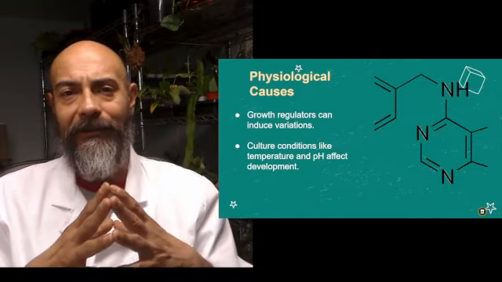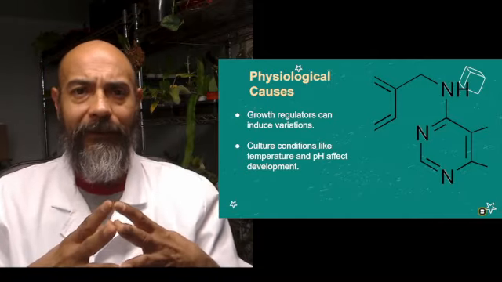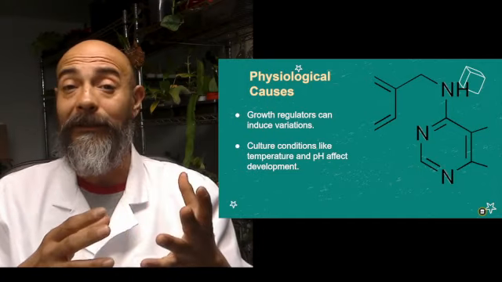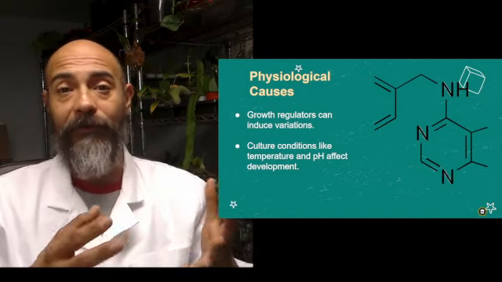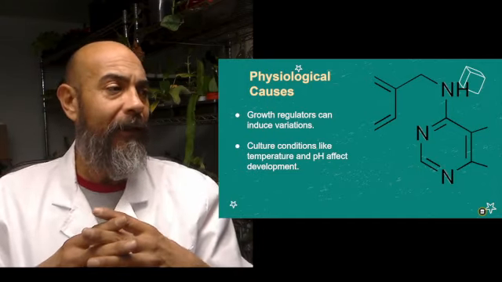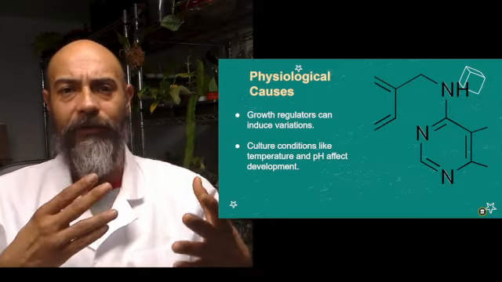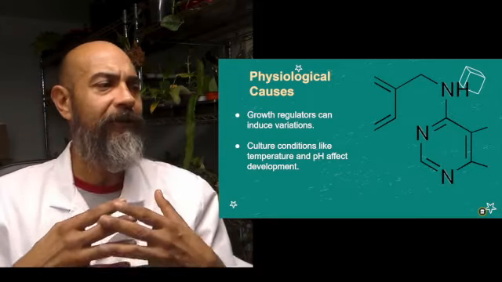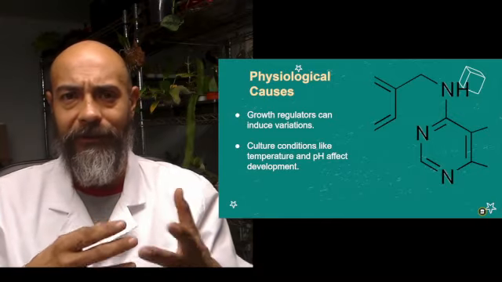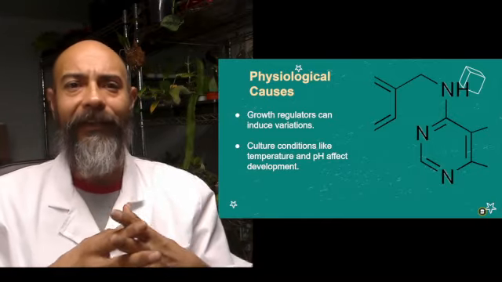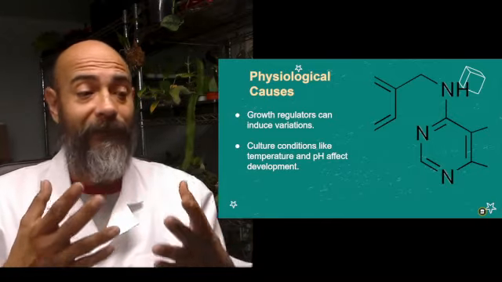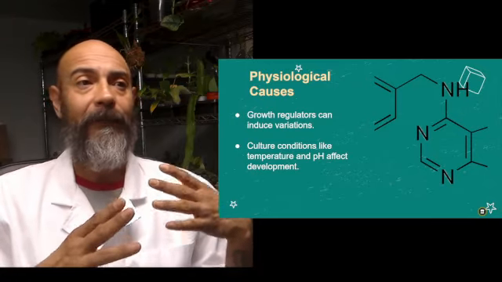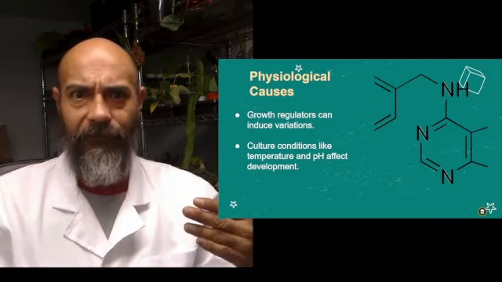Things such as indole-3-butyric acid, naphthalene acetic acid, or possibly even the 6-benzylaminopurine that many of you start off using for multiplication. During the culture, they're subjected to different conditions like pH changes, temperature changes, and things of that nature, and those can greatly affect the somaclonal variation, the way that it shows itself from plant to plant.